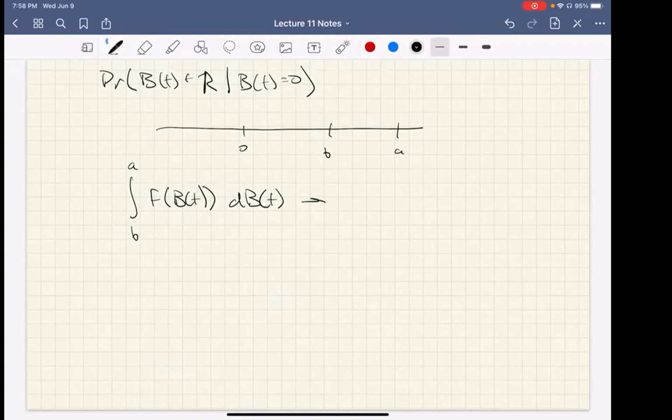For notational convenience, I'll let B of t equal x.